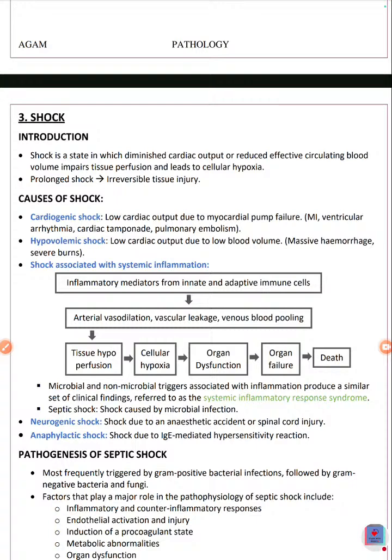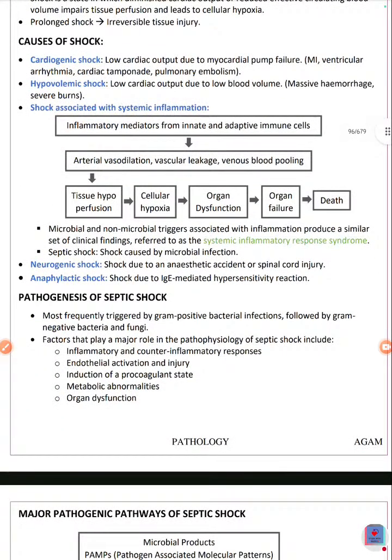So, in septic shock, what is there? There is endothelial activation. There are inflammatory as well as counter-inflammatory responses. There is induction of a procoagulant state, and formation of DIC and so on will be seen.